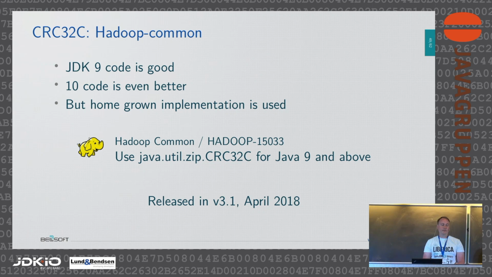And we made it work faster if you run on JDK 9 or above, where we have the intrinsified library implementation. That's the kind of code that dynamically detects your Java version and then makes proper calls to library stuff using method handles. It's been released again this spring in Hadoop version 3.1, so you can get it.